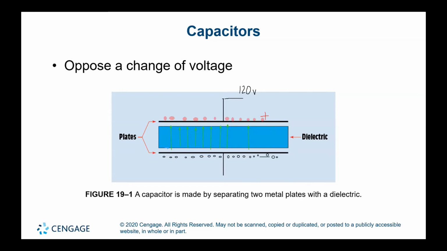Over time, a small amount of electrons are going to move through the dielectric and find their way back. And the capacitor eventually, over time, is going to discharge naturally because of that.